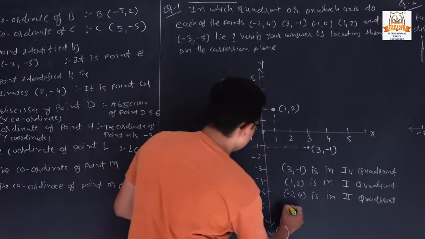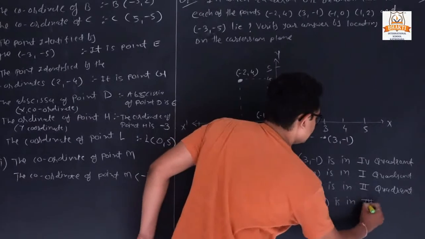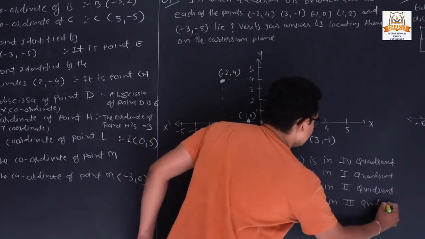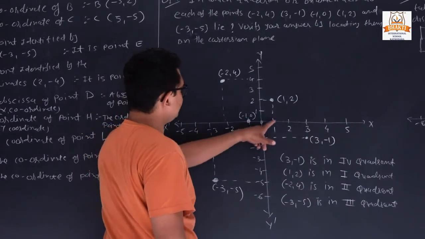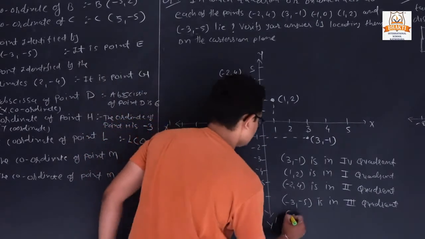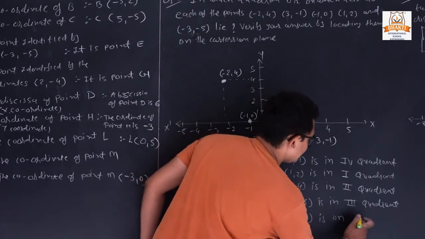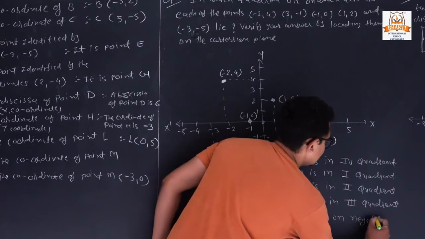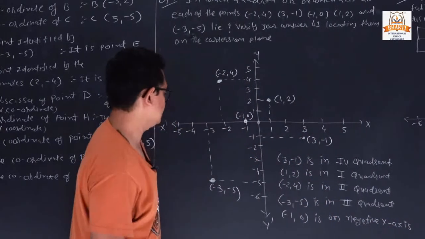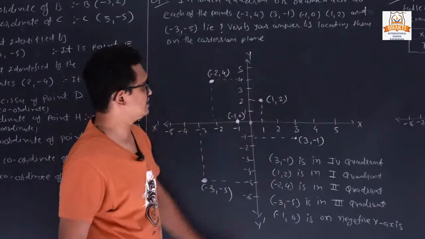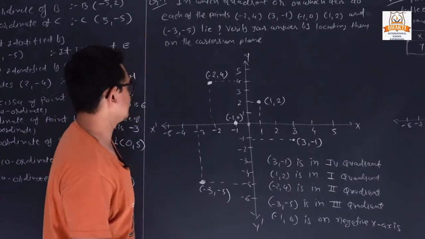Then (-3, -5) is in the 3rd quadrant. And last, this one is on which axis? X axis. So (-1, 0) is on the negative x axis. So we can look at all the answers, either in a quadrant or on an axis.